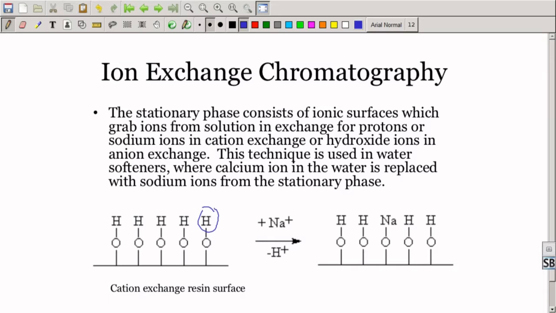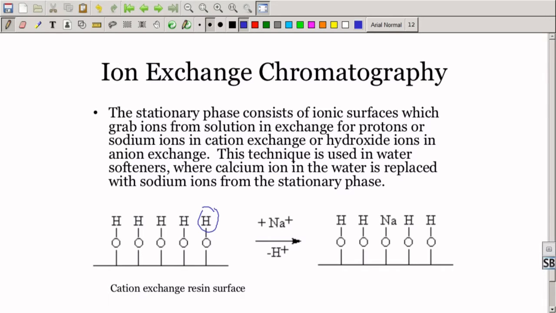And then if you increase the acidity of your mobile phase, you can actually force this ion back off this surface and into your mobile phase. That's the idea of ion exchange.